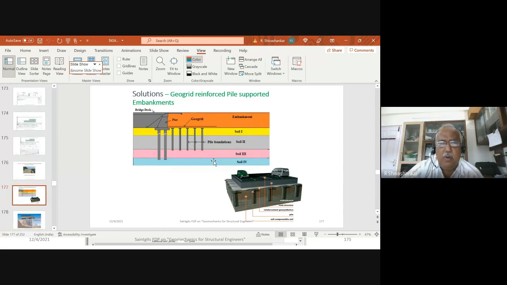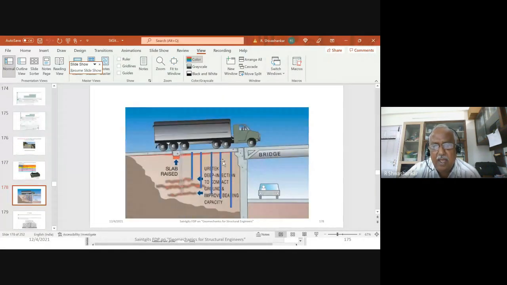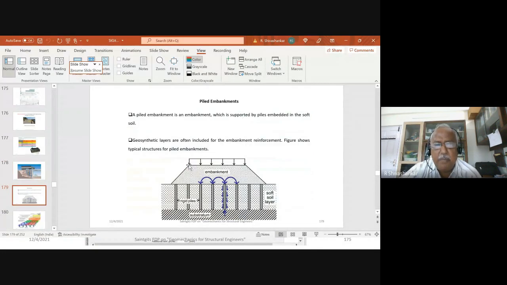So what is done is the approach embankment is also supported on piles. Piles may be all of same length, and there could be some geogrid there, or the piles could be of reducing length as you move away from the abutment. So these are called as bridge approach support piles.